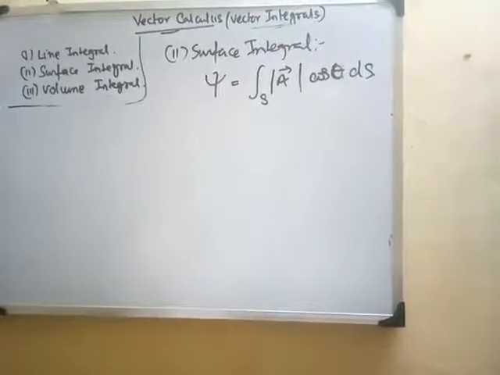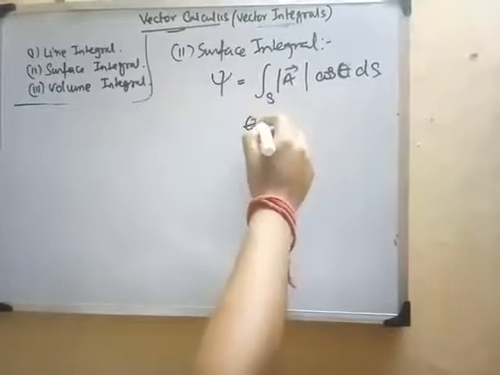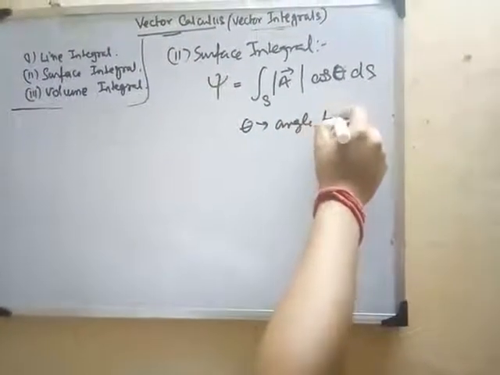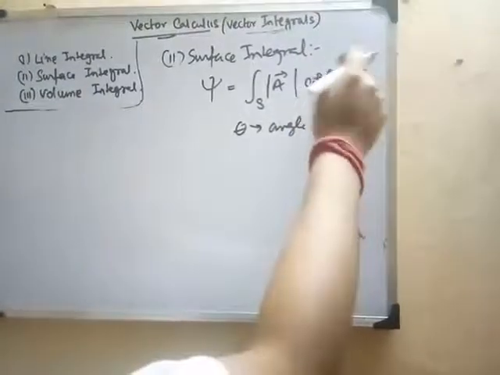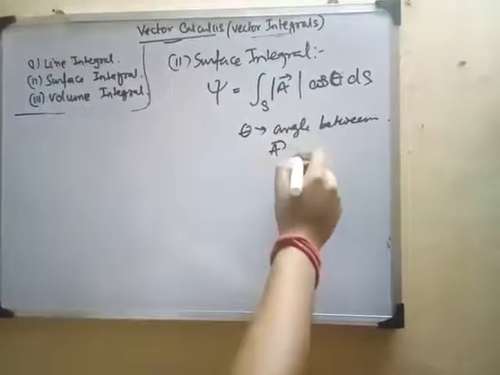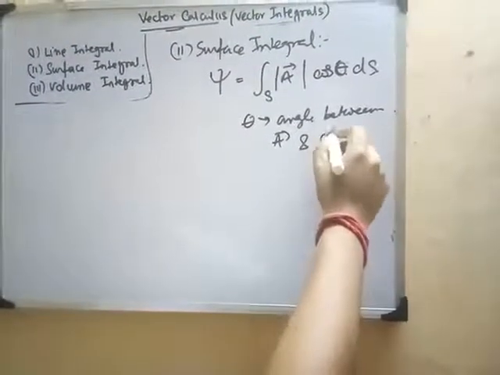Our other representations are the same, and this theta, again like before, is the angle between that vector A and the unit vector an.